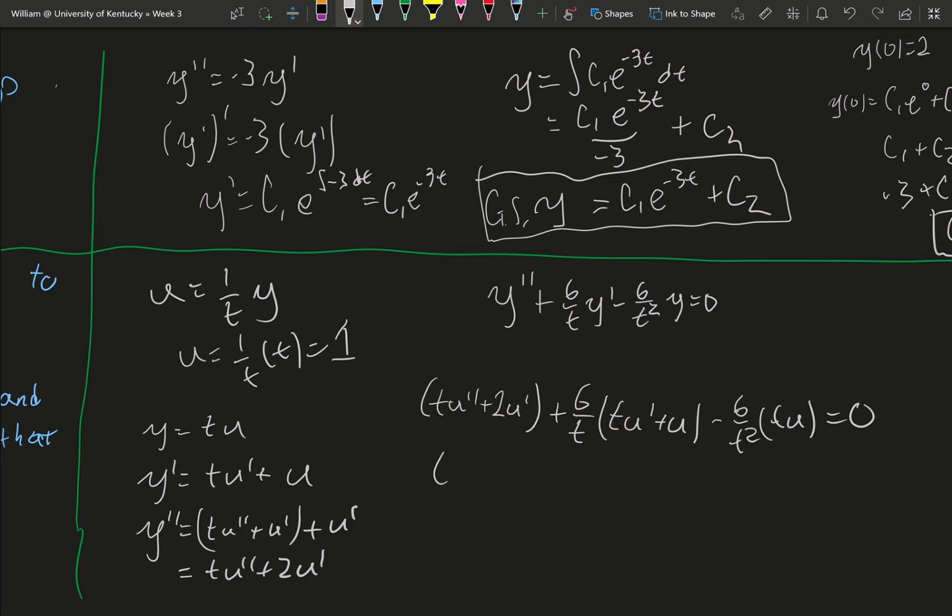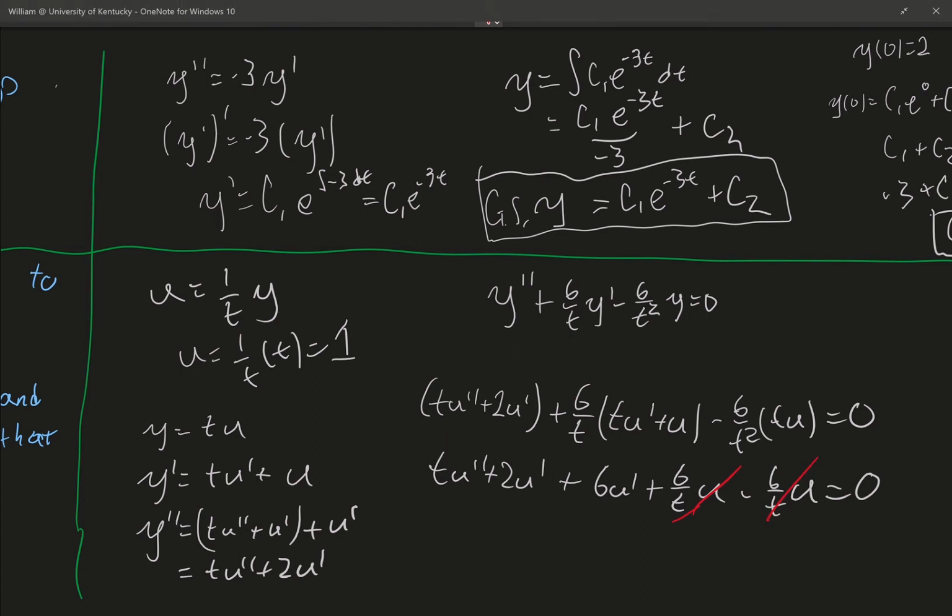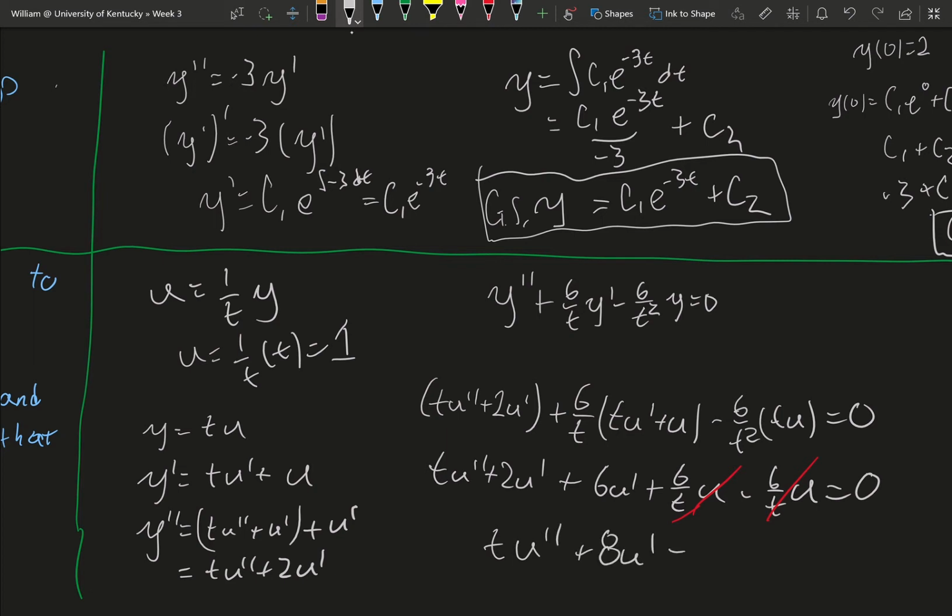So we have t u double prime plus 2u prime plus 6u prime plus 6 over t times u minus 6 over t times u. So we did it right, those both cancel, and we are left with t u double prime plus 8u prime equals 0.